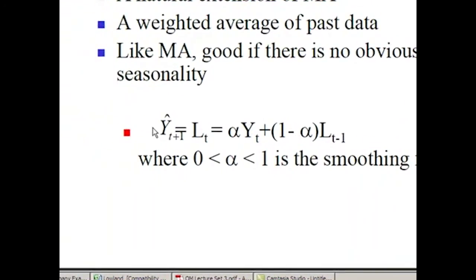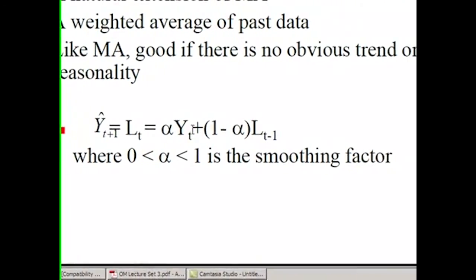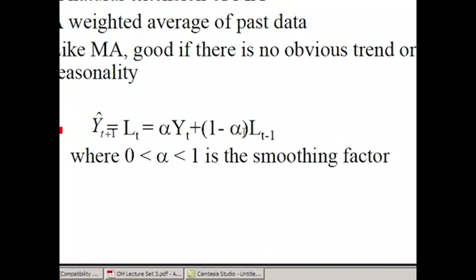Say Y stands for the sales values we want to analyze and predict. Then it combines what was really observed in this time period, Y sub t, and the estimate for the last time period's level, L sub t minus 1. This L sub t minus 1 is also the forecasted value for Y sub t.